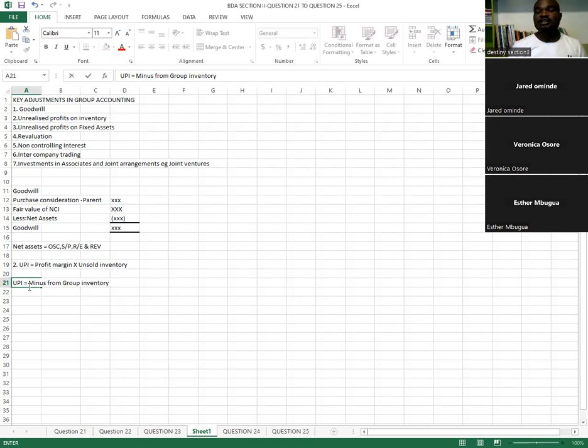Once you calculate it during consolidation, you subtract it from the stock account, the group inventory account, and also you subtract it from retained earnings. RE is the retained earnings. So reduce profit and also reduce the stock account. That is the consolidation adjustment for unrealized profits. Correct.